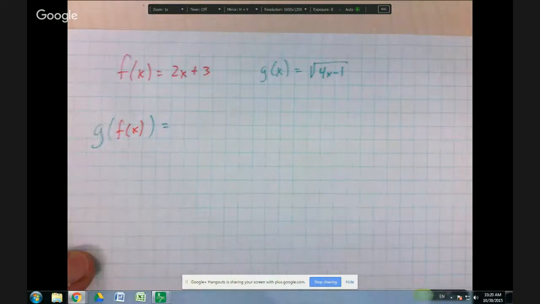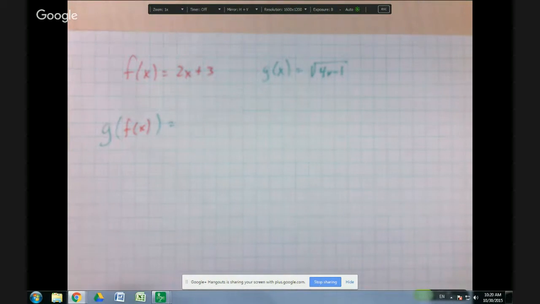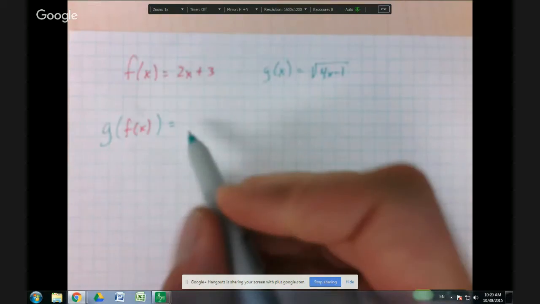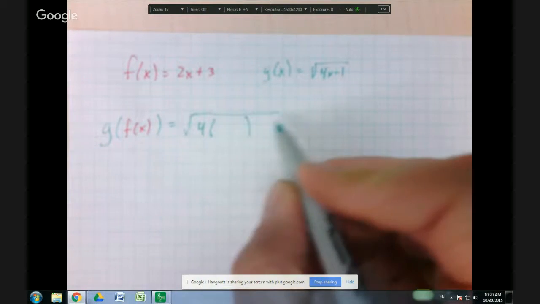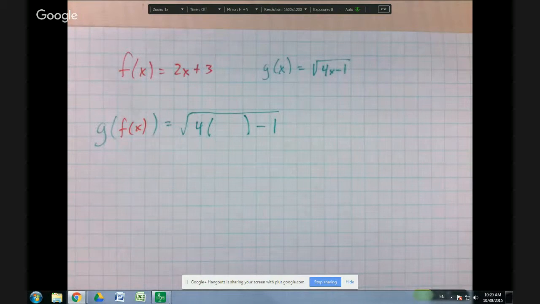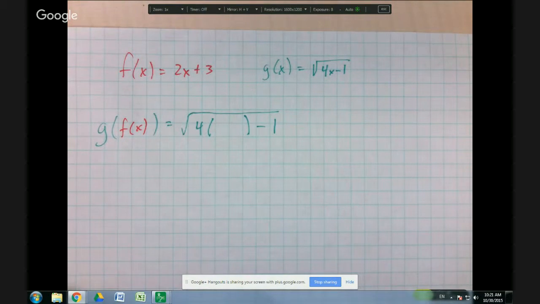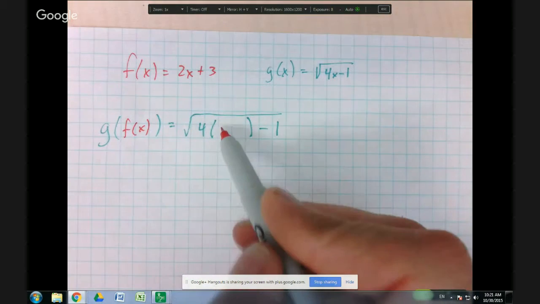What is g of f of x? Okay, g's on the outside, so I'm going to write it. And everywhere there's an x, I'm going to put enough room to write something else. So everywhere there's an x, I left a space. And I'm going to put that right in there for it.